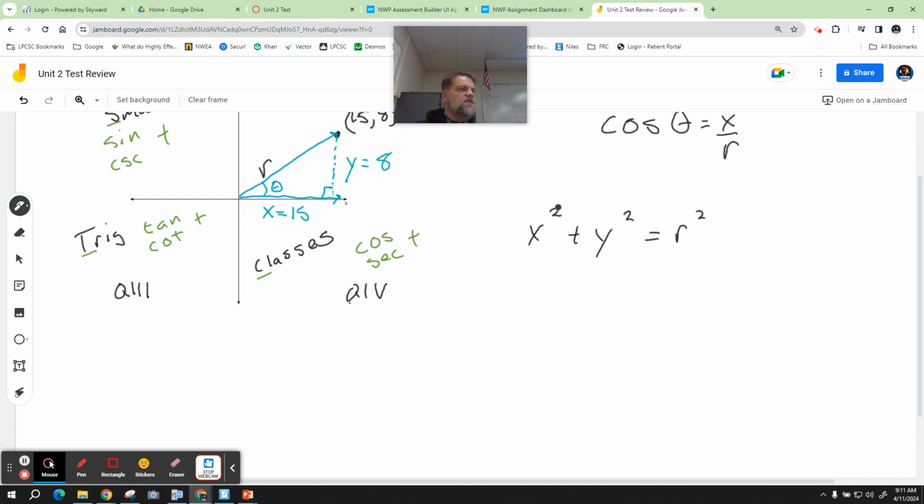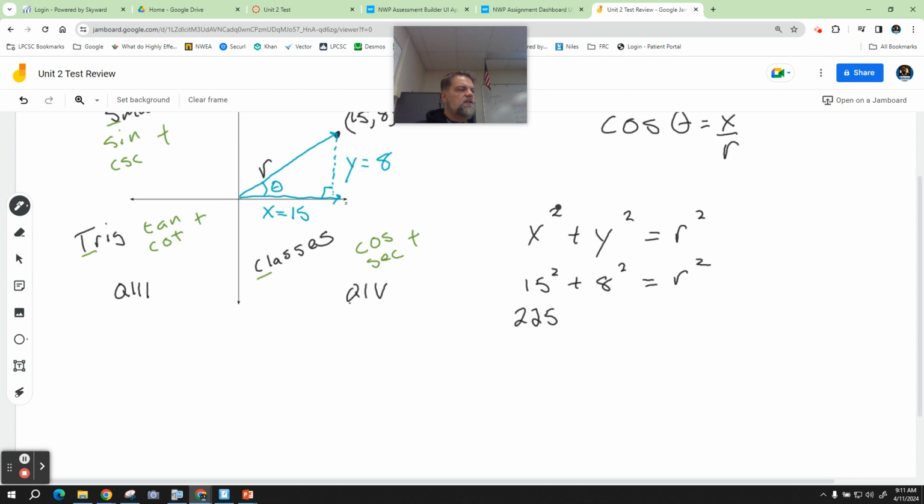So then I would say x, which is 15 squared, plus 8 squared equals r squared. Well, 15 squared is 225, plus 8 squared, which is 64, is equal to r squared. That becomes 289 equals r squared.